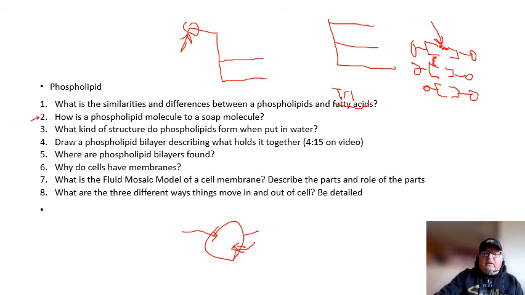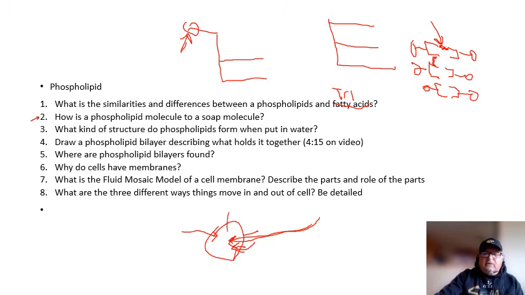All right, and how do things move in and out of a cell? Okay, one is they can just move in naturally without any help. Those types of molecules go through what we call passive diffusion, and they tend to be small nonpolar molecules like oxygen and carbon dioxide.